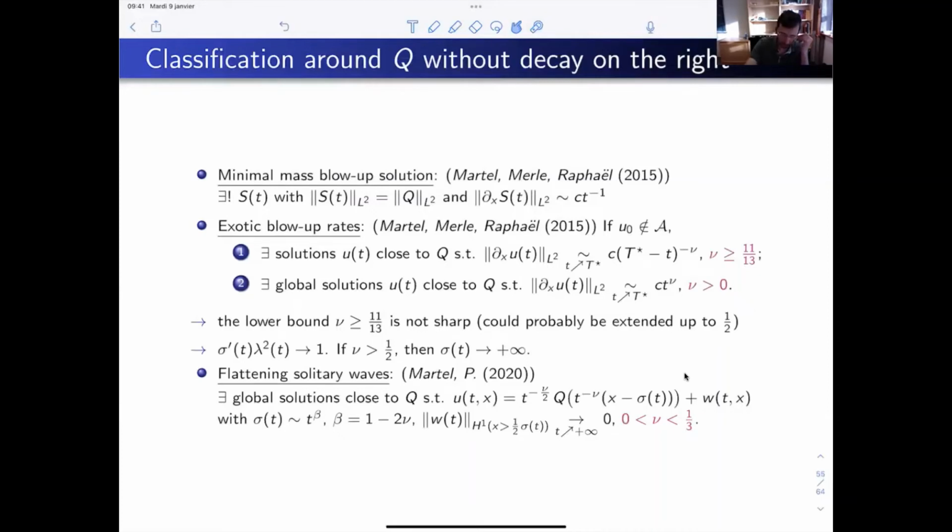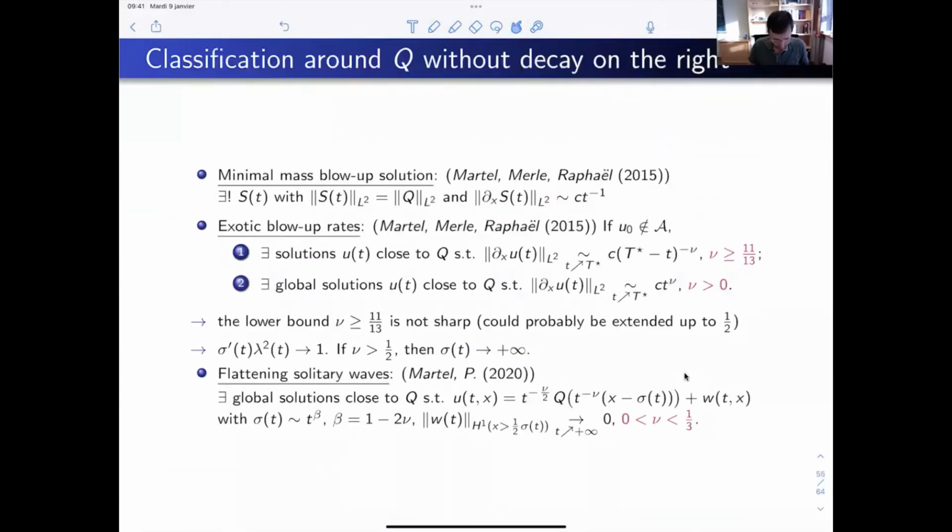These constructions are all related because we make a solitary wave interact with a polynomial tail, and this polynomial tail will destroy the decay of the solution on the right. So if you adapt carefully the rate of the decay of the tail, you can really construct all those classes of solutions.